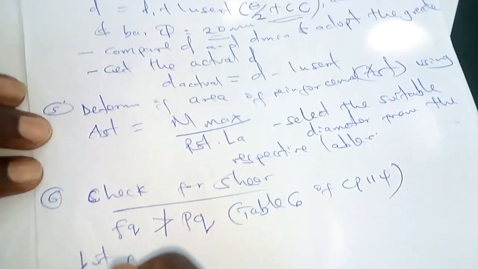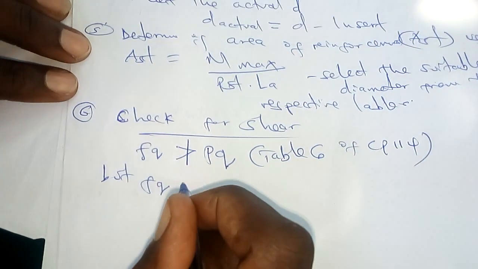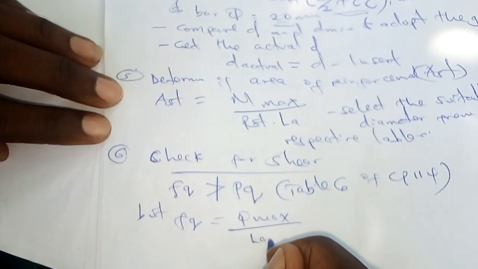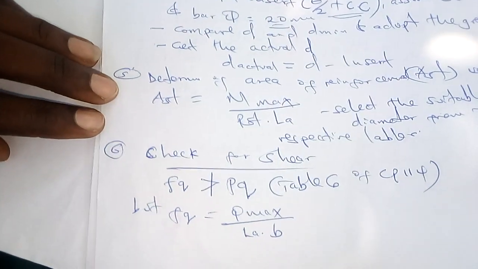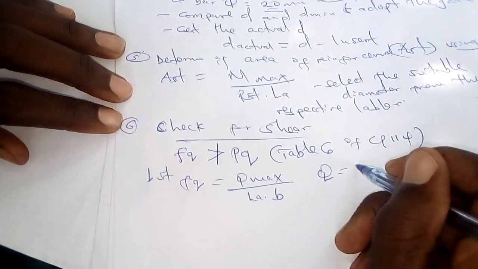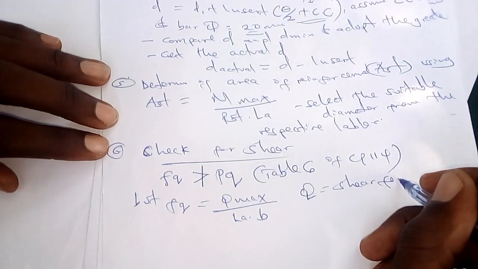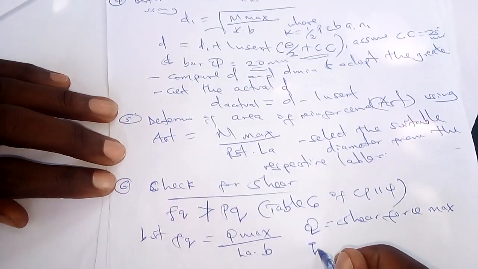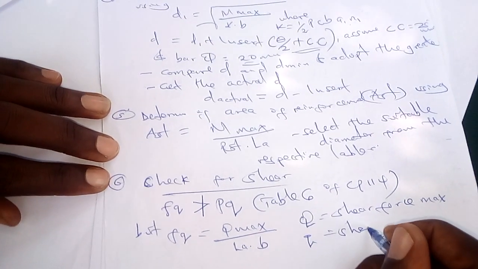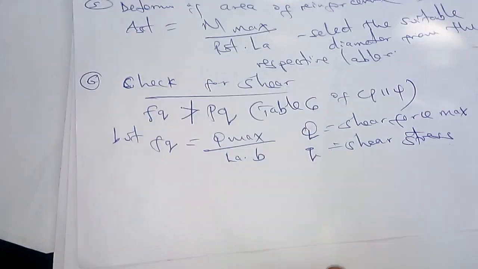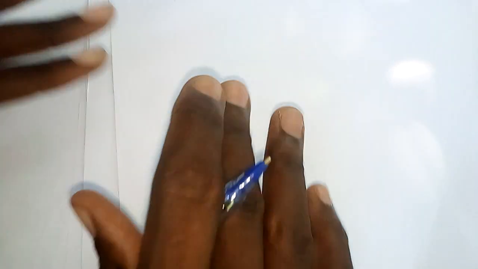But the calculated shear is from the formula Q max all over lever arm LA multiplied by B, the breadth of that beam. Capital Q is the maximum shear force, and small q is the shear stress. Good. Now we continue.